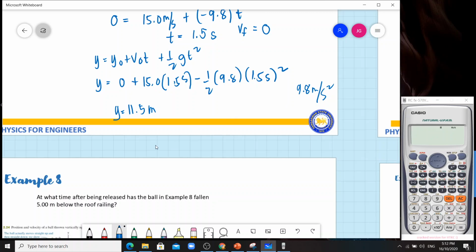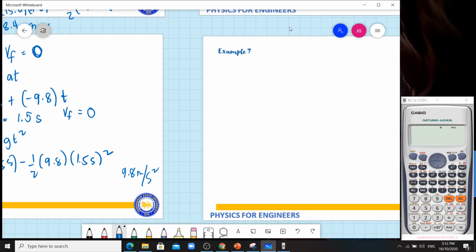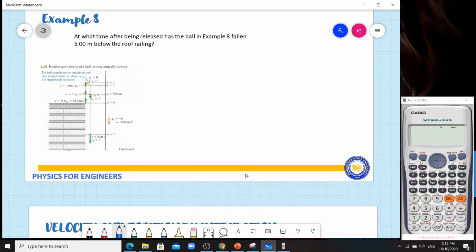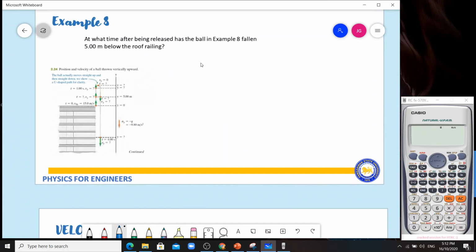Okay. So, next is example number 8. Ayan. At what time after being released has the ball in example 8 fallen 5 meters below the roof railing? Ayan naman, below. Okay? So, ibig sabihin, negative 5.00 meters ang height natin. Okay? At what time?